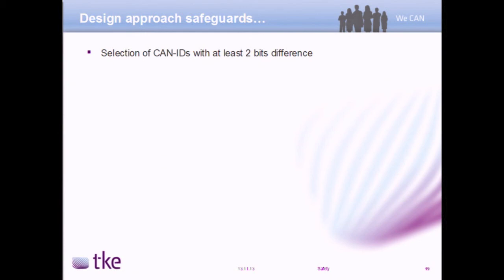If we can assign PDO CAN IDs so that there is at least a 2-bit value difference, then it decreases residual error probability more. Then, if possible by other requirements, it will also increase the diagnostic capabilities if we can intentionally use different DLCs for different PDOs or groups of PDOs.